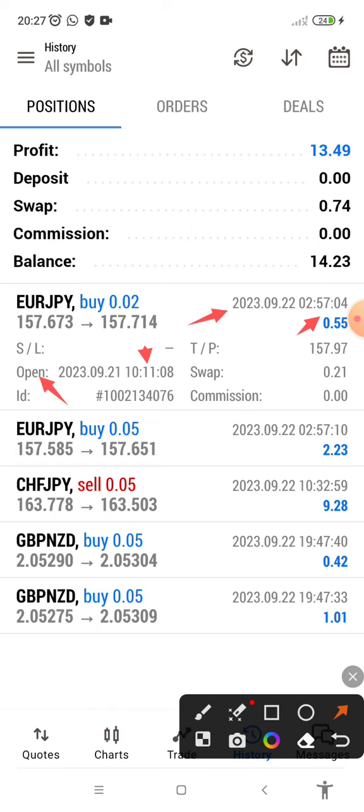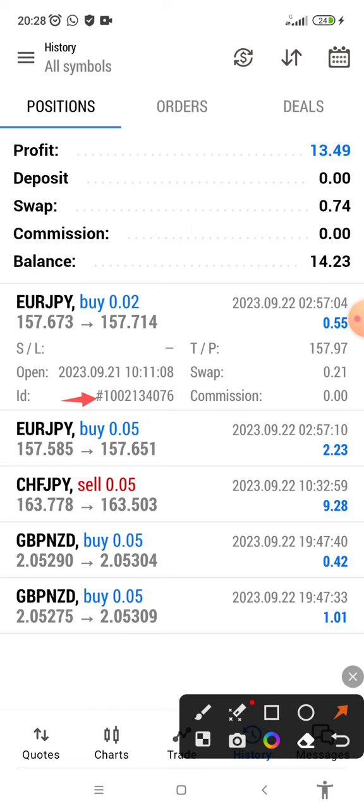You see the difference. So that is how, if you want more details on the trade, you see this ID here. You see an ID on the trade, and then the ID code over here.